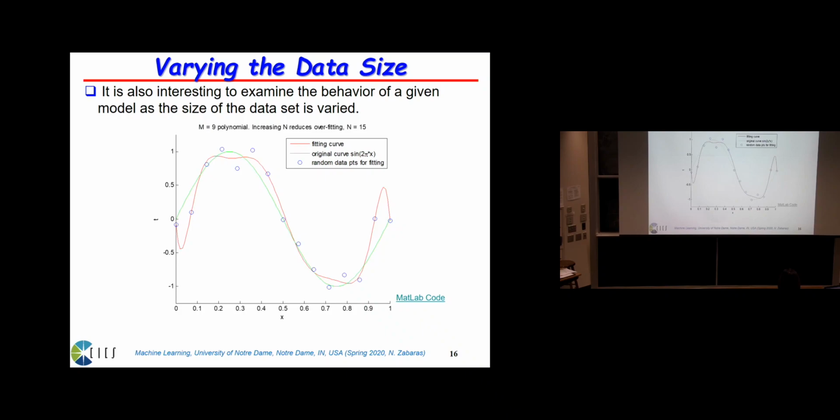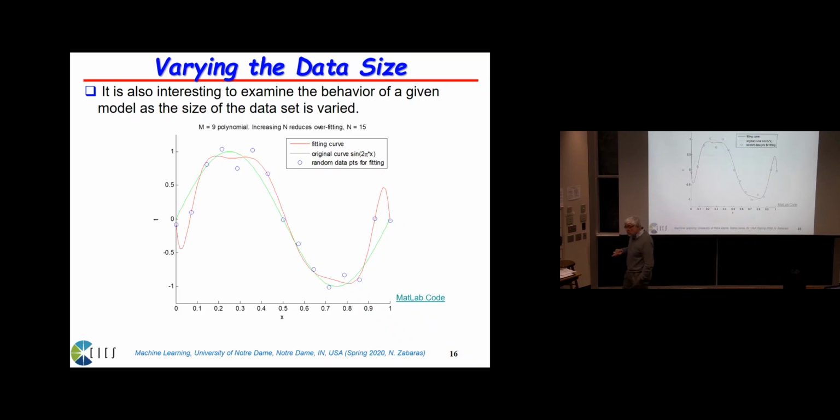And I want you to think that philosophically this is troubling, right? Because you are trying to compute a model to fit the data and in essence do predictions. But here what we say is the complexity of the model that you compute depends on the amount of data you have. But the complexity of the model, you know what it is? It's a sine function. It has nothing to do with how many data points you have.